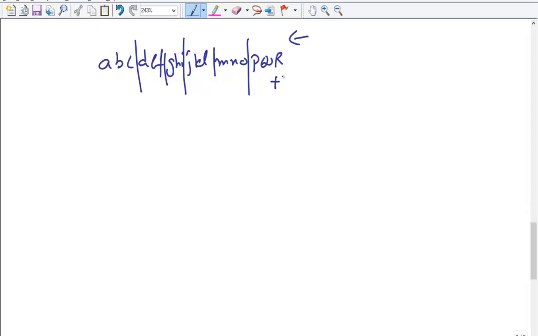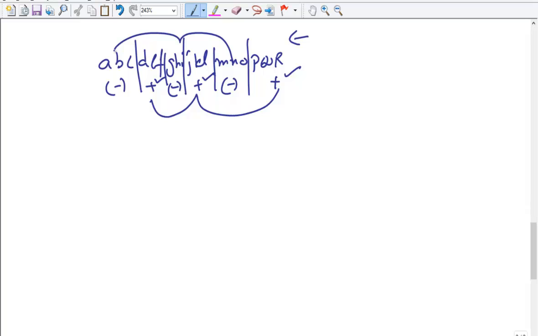Now the first one will take plus sign, second one will take minus sign, third one plus sign, fourth one minus sign, fifth one plus sign, sixth one minus sign. That's it. Now add all the clusters, that is plus clusters, alternate clusters, and subtract the sum of the remaining alternate terms. That's very easy.